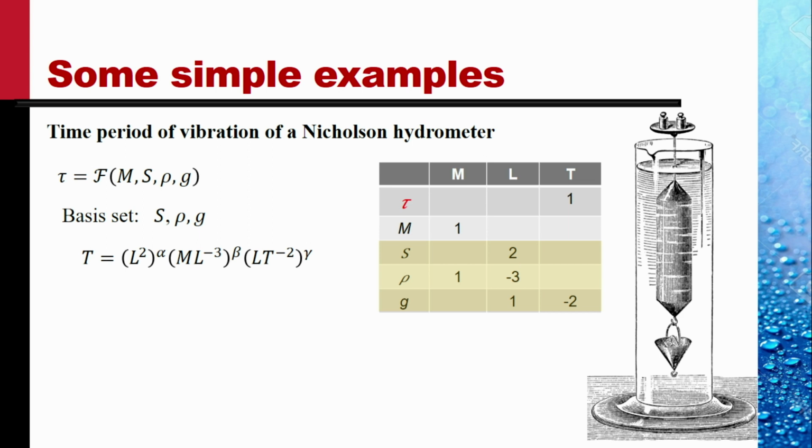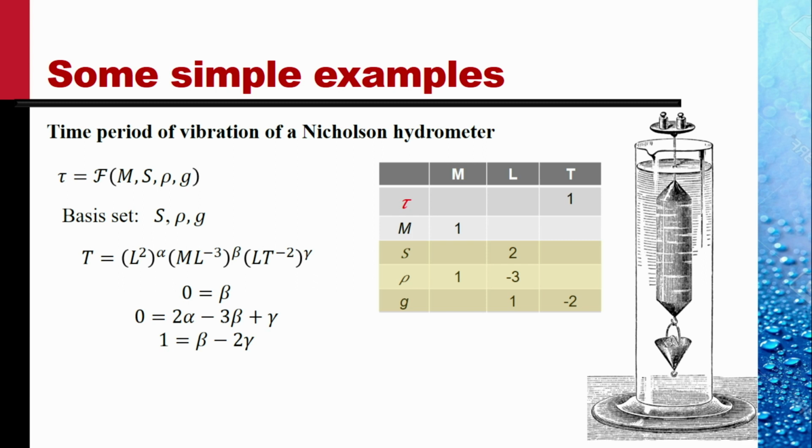And matching the dimensions of M, L, and T, on the left hand side there are no dimensions of M and L, only T. On the right hand side the dimension of M is only beta in the middle term.